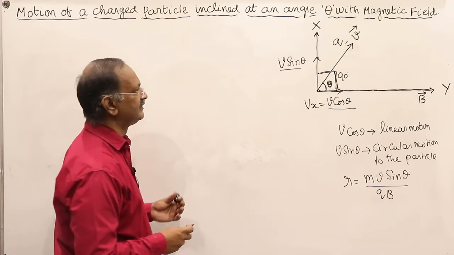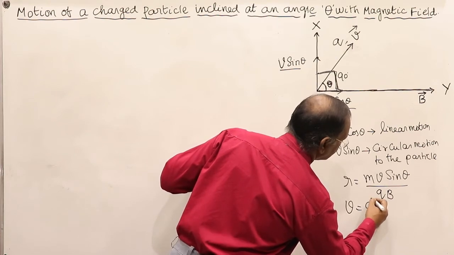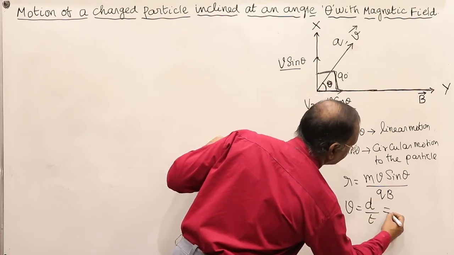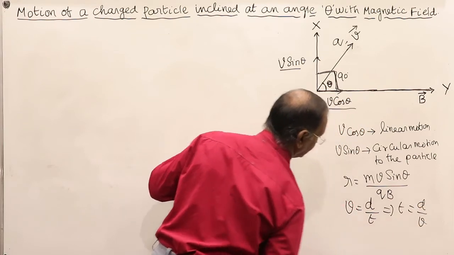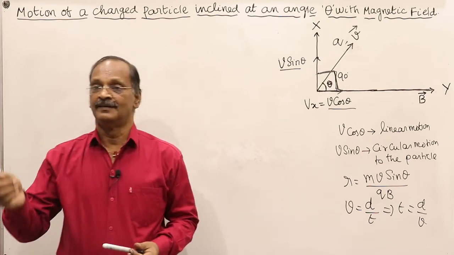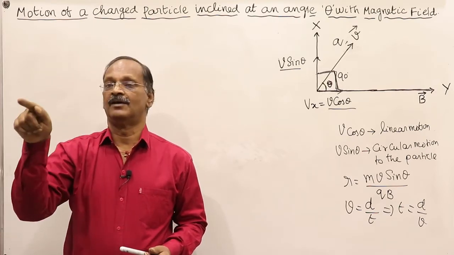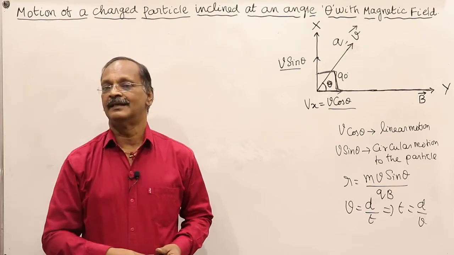So, what is the time period? See, velocity is equal to displacement by time. It means time is equal to displacement by velocity. For the circular motion, how much time it takes to complete one circle, that is called the time period.